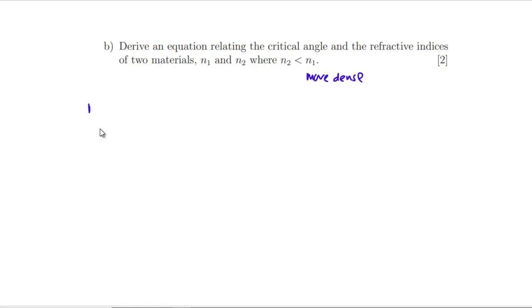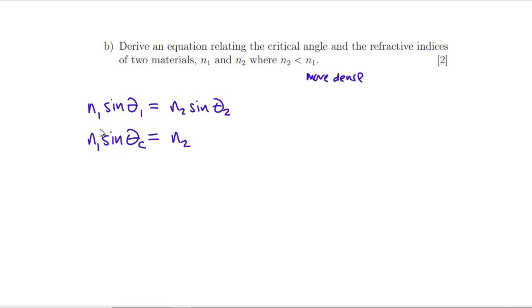So we're saying that N1 sine theta 1 is equal to N2 sine theta 2. And if we've got a critical angle, that's what we're trying to do here, so we'll say N1 sine theta c is going to be equal to N2, because our theta 2 will then become 90 degrees.